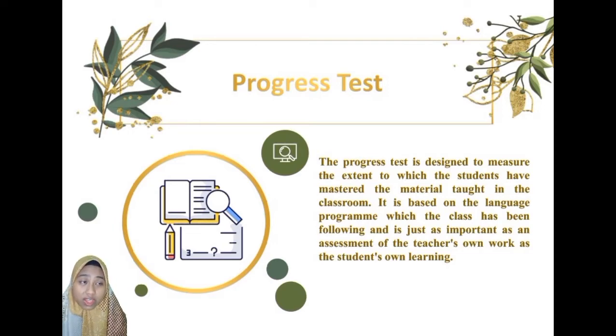Maybe they understand, or maybe they cannot understand what we have given them. So in the progress test, we can know all about their understanding. And I think it is the same as an achievement test, because a progress test is similar to an achievement test. There is something the same between achievement test and progress test.